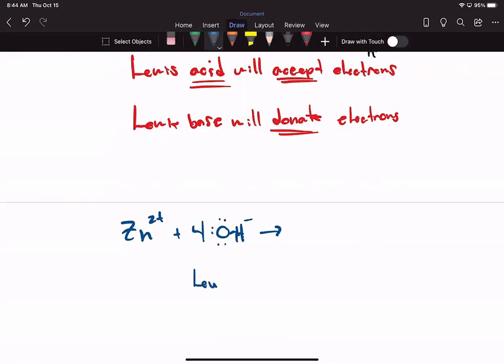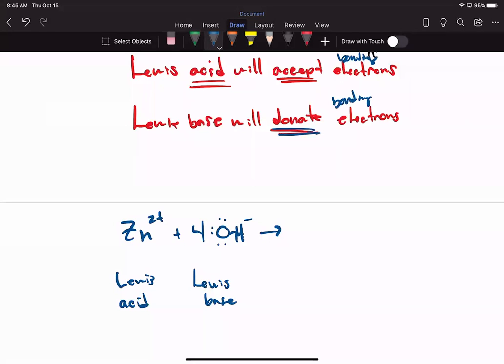This is my Lewis base because it's going to donate a pair of bonding electrons. And because of the positive charge on the zinc, this is going to be my Lewis acid. So Lewis base, Lewis acid.